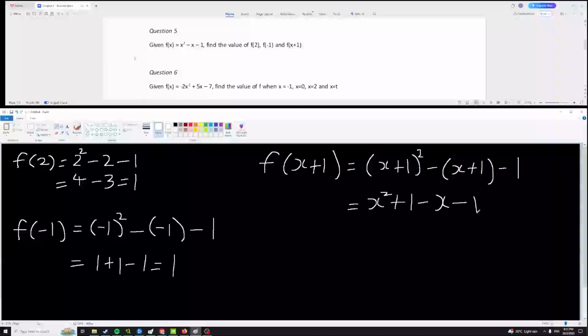That's negative 1. Okay, then we simplify the equation. Negative 1, negative 1, negative 2, so plus 1 becomes negative 1. Okay, so that is the answer for this.